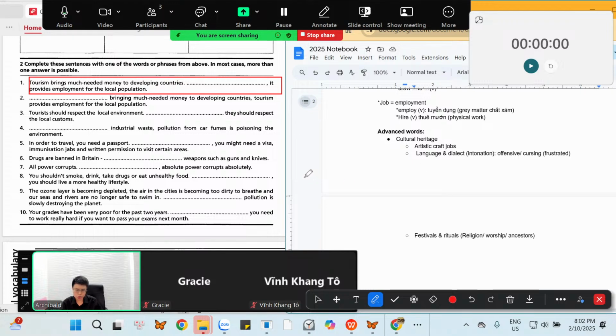So here guys, please try to bring up these words: artistic craft jobs, language, dialect, or you can combine the festivals or rituals with these ideas to demonstrate the benefits of tourism to developing countries. So let's go. Let's begin with Crazy. Look at these words. Look at the page. Come up with ideas. No need to prepare for your ideas.